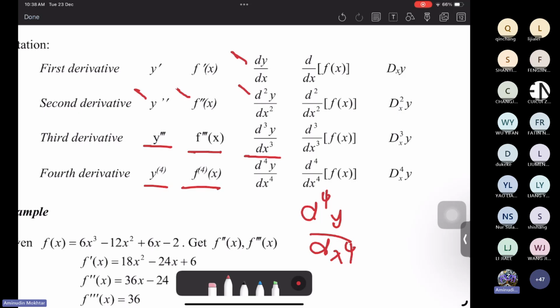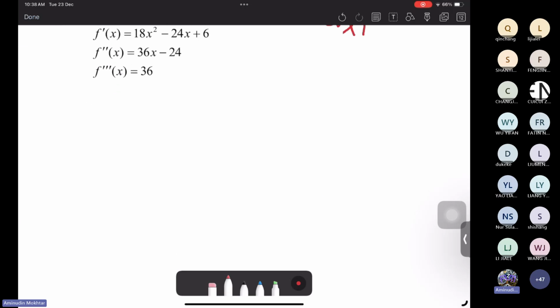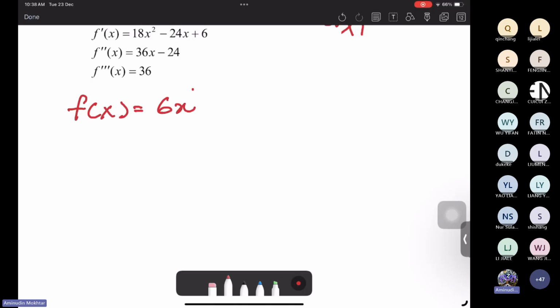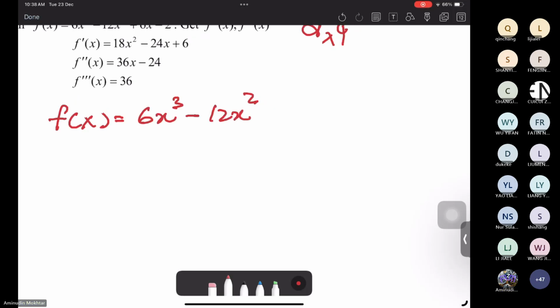Okay, for example, let's say I have this function f(x) equal to 6x to the power of 3 minus 12x squared plus 6x minus 2.